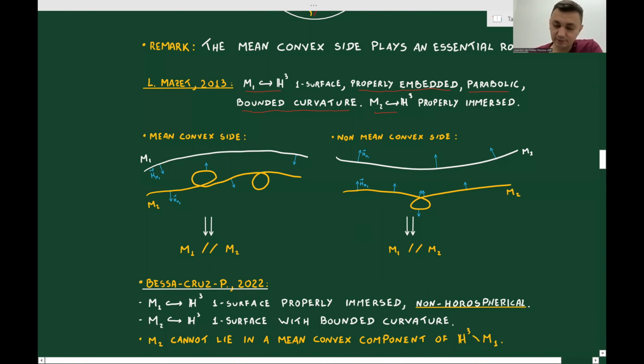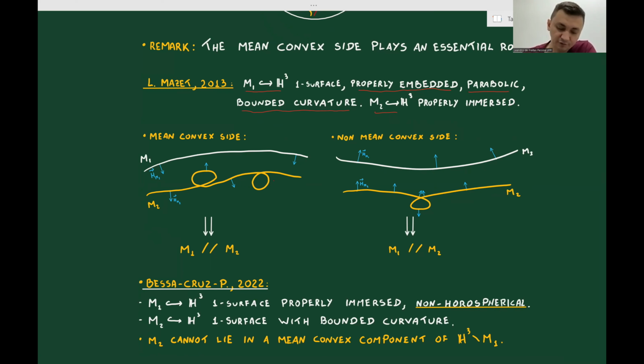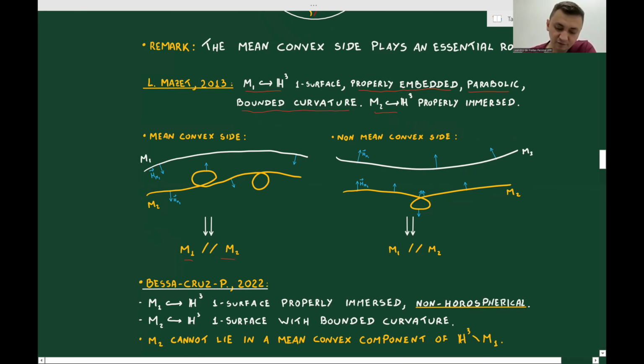So we can describe here two possibilities. First, we have this M1 surface defining the mean convex side, and we put M2 inside this mean convex region. In this case, Mazet proved that M1 must be equidistant to M2.